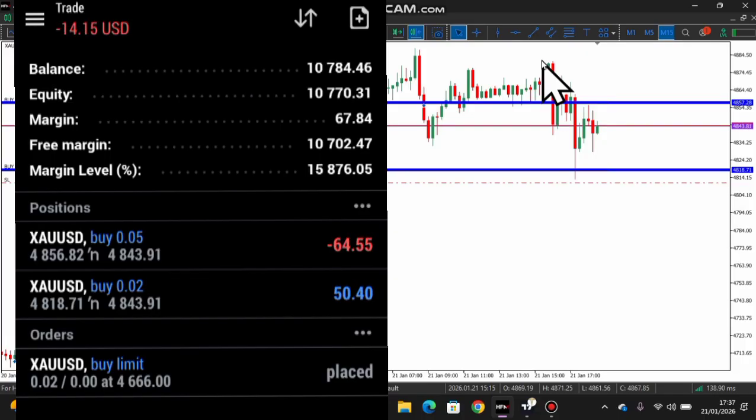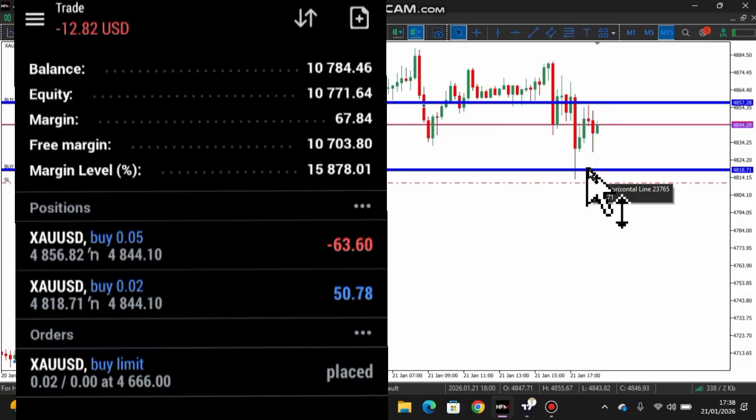So we kept watching, and then price rallied down with this very long spike and almost tapped me out at my stop loss. As you can see on the charts, it almost tapped me out on the stop loss of my first trade, but I will say this was luck to some extent. I was lucky it didn't hit my stop loss, but it activated my second order, my buy limits.